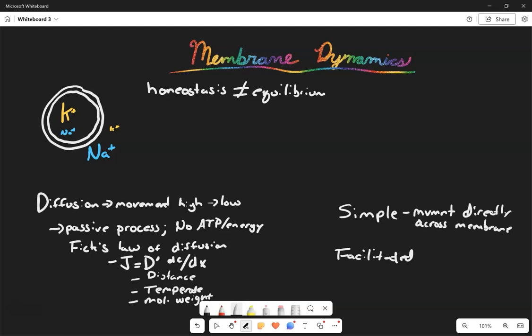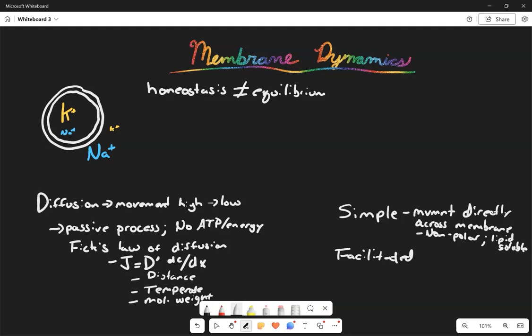So these are your non-polar or lipid-soluble stuff. Okay? Very few things can do that, right?